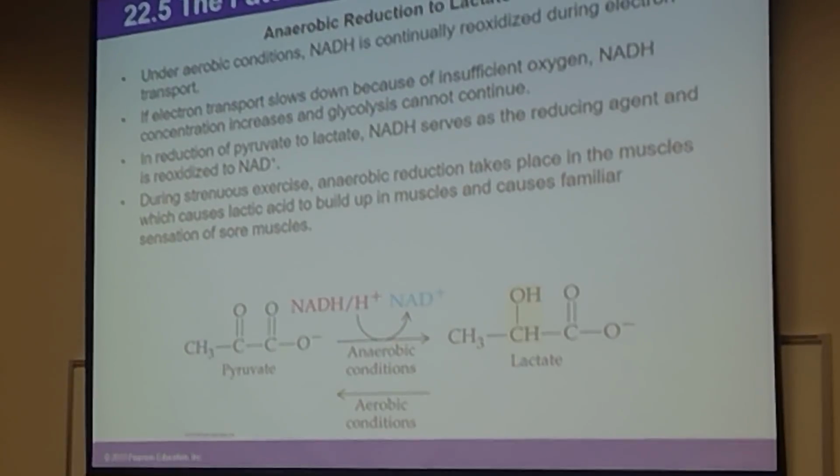To produce ATP, the NADH, the reduced coenzyme that we will see produced in the next stage, in the citric acid cycle, will help to produce that ATP. And that can be done in the presence of oxygen only.